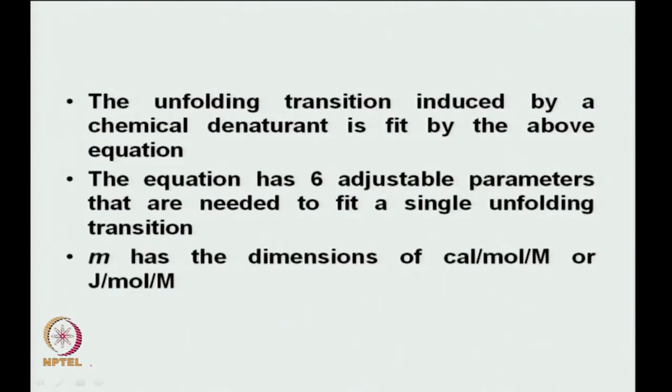Now, M has the dimensions of calories per mole per molar concentration of a denaturant, and that is very straightforward to look at. So, what was your delta G?